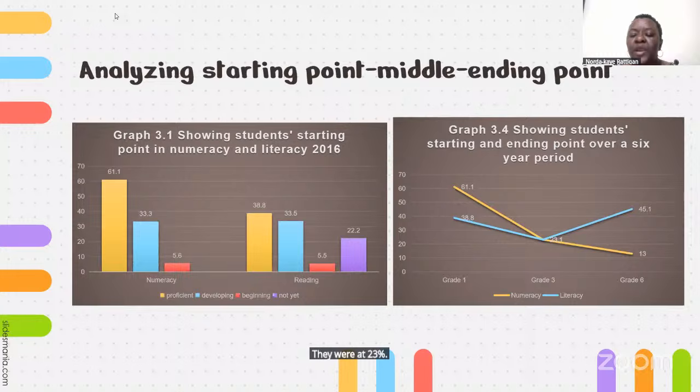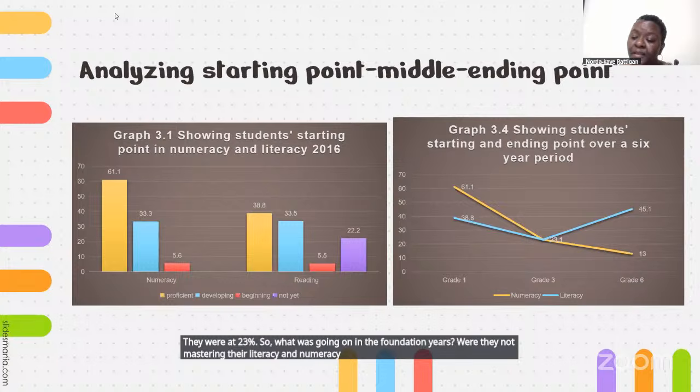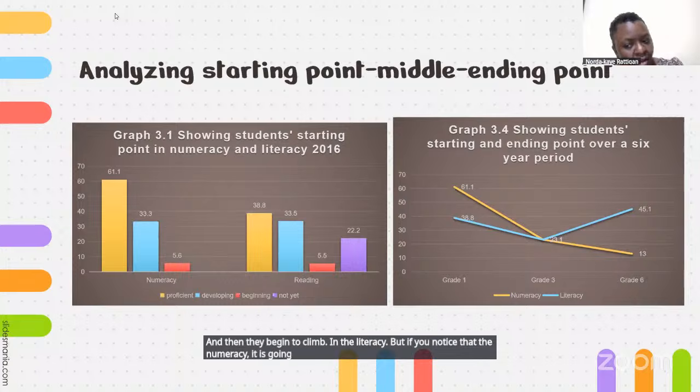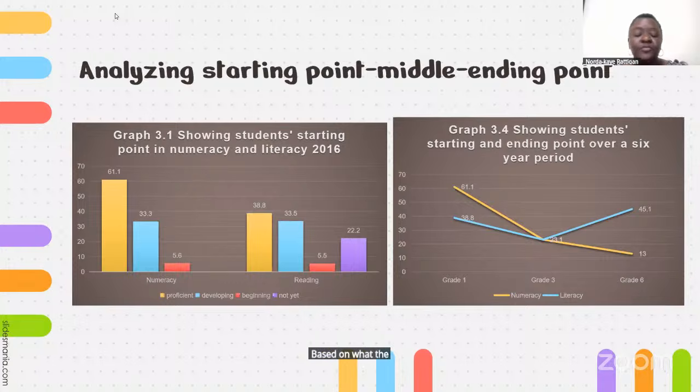So what was going on in the foundation years? Were they not mastering their literacy and numeracy skills? And then they begin to climb in literacy. But if you notice, the numeracy is going down. They're going downhill, based on what the results said from tracking these students for over 6 years.